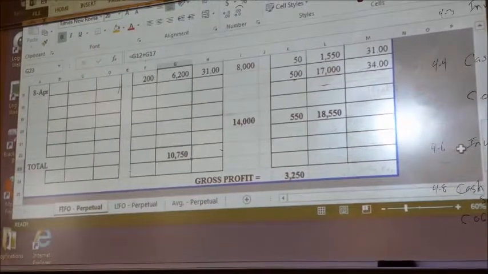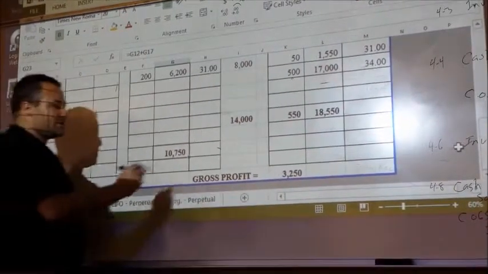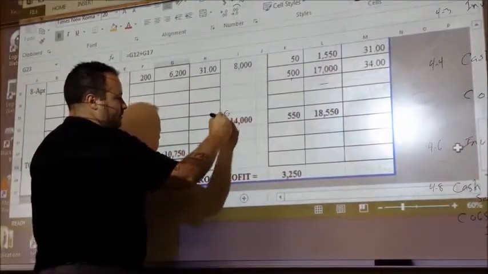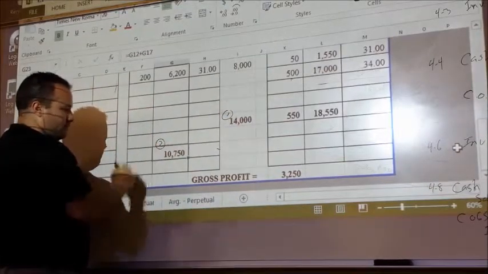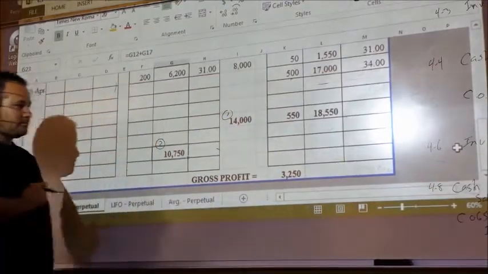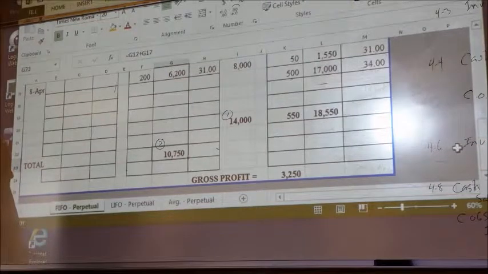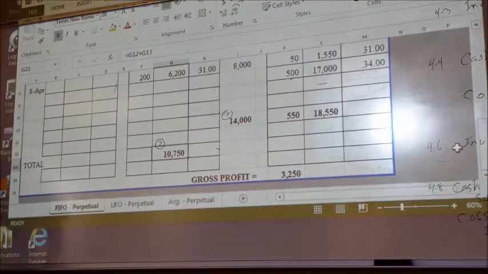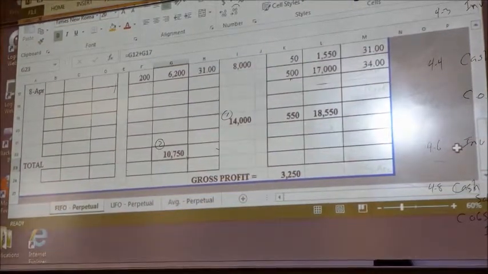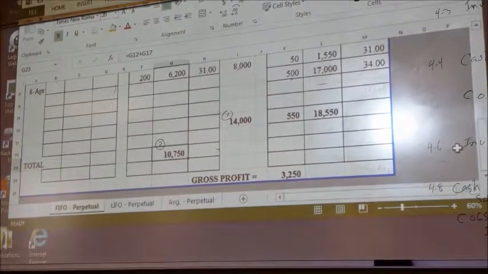I like to put all the answers towards the bottom of my sheet for my benefit. Gross profit, hopefully you've got gross profit down, what that means. Sales minus cost of goods sold.